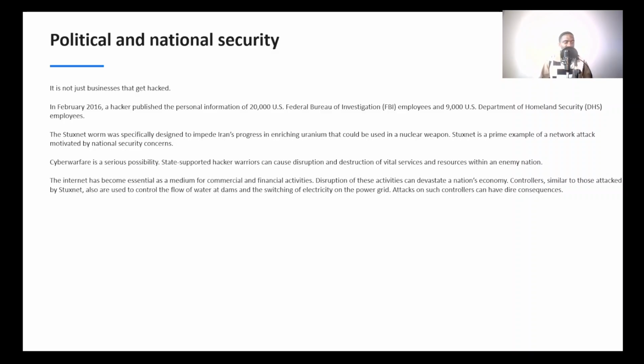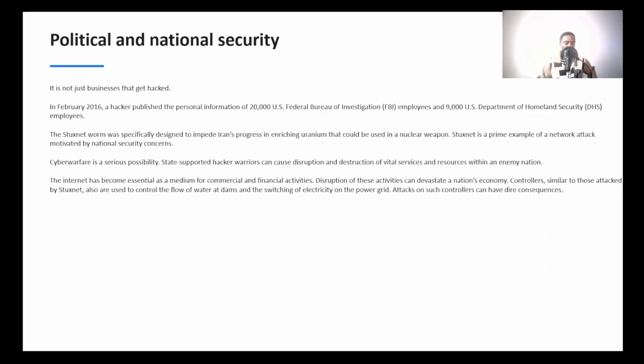Additionally, we also have the Stuxnet worm that I spoke about earlier. That was specifically designed to impede Iran's progress in enriching uranium that could be used in nuclear weapons or just to power their city. Now, this is a prime example of a network attack that was motivated by national security concerns. And cyber warfare is a serious possibility that should not be ignored.